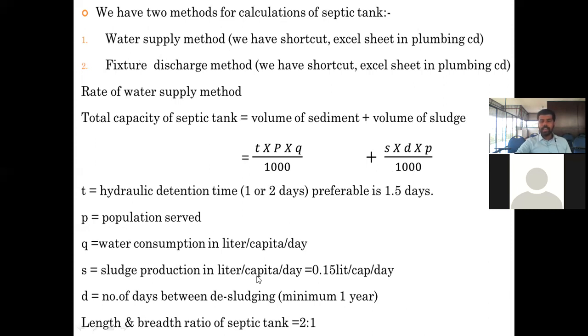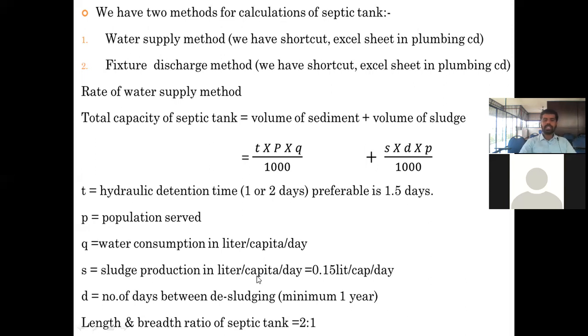Another thing you have to keep in mind when you are designing is that the length and the breadth of the septic tank are in the ratio of 2:1. That is mandatory. You cannot alter it. You cannot make a square septic tank. There is a standard way of knowing the length and the breadth.